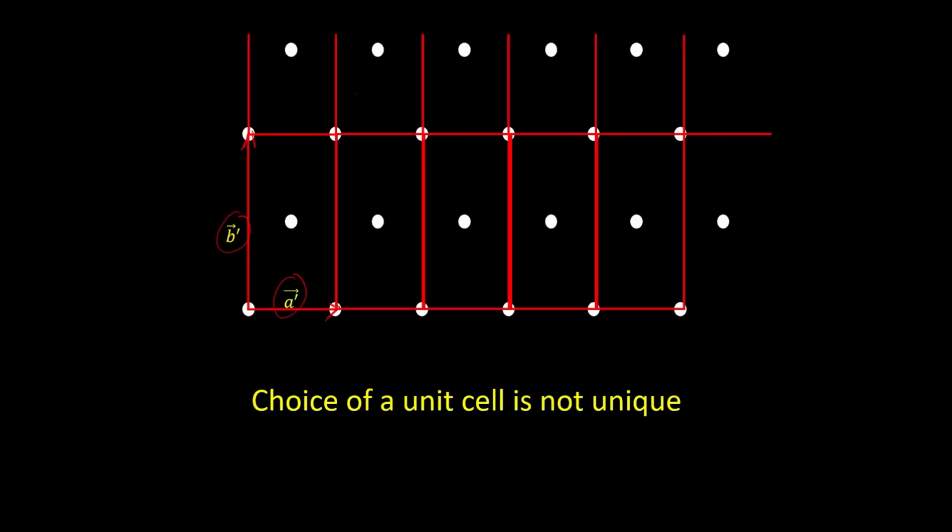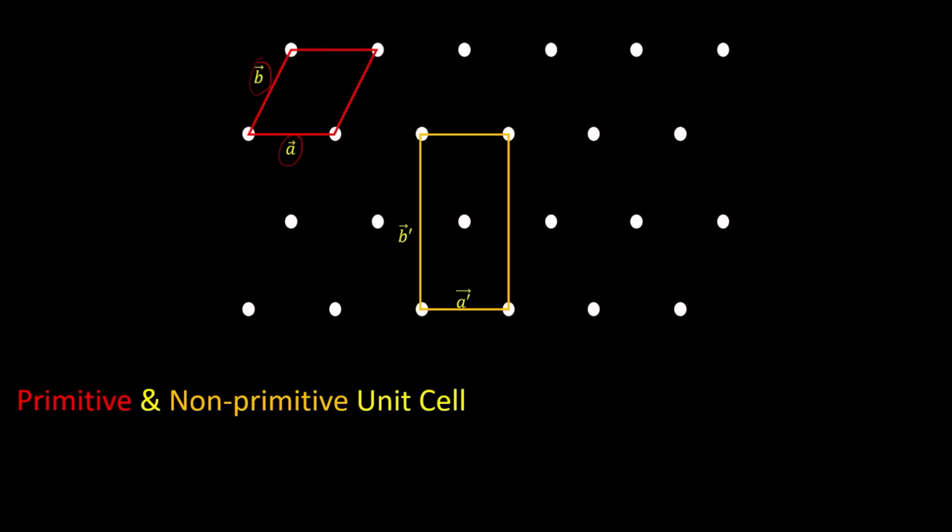So in that fashion, if you add the contributions of these 4 lattice points for this particular unit cell, there is a contribution of 1 by 4 from this lattice point, 1 by 4 from this, 1 by 4 from this, 1 by 4 from this.